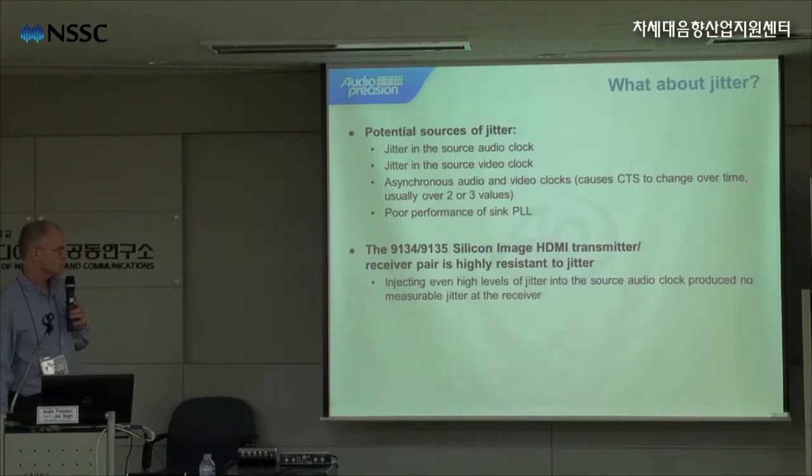Now, we use the Silicon Image 9134, 9135 chipsets, and we've found that the receiver-transmitter pair is highly resistant to jitter. Injecting even high levels of jitter into the source audio clock produced no measurable jitter at the receiver. So we don't really think it's an issue over HDMI.